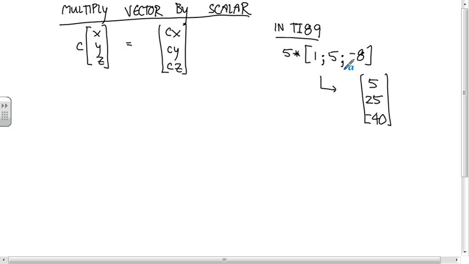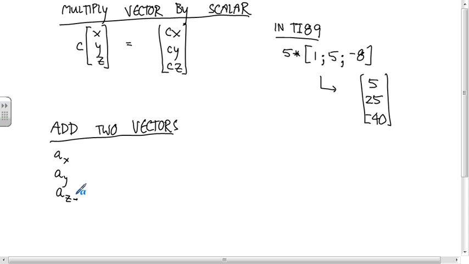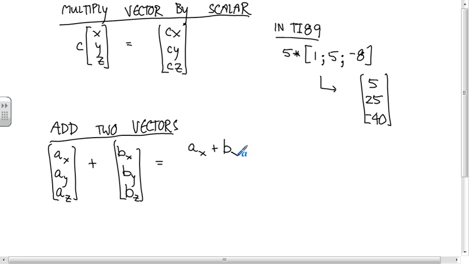But to add 2 vectors, if you have a vector AX, AY, AZ, and you're adding it to a vector BX, BY, BZ, that gives you a new vector AX plus BX as the first component, AY plus BY as the second component, and AZ plus BZ as the third component.